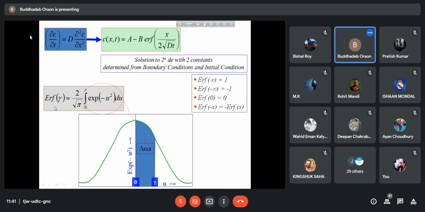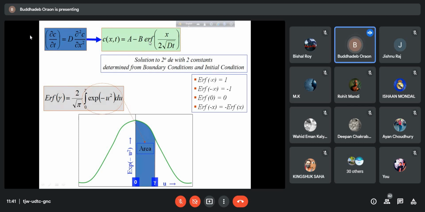The area from 0 to infinity will be plus 1, and on the left hand side it will be minus 1. So this shaded portion shows the area from 0 to some value gamma. So basically we get the area. This is the significance of the error function, and let us see how we can use it to solve problems related to diffusion.